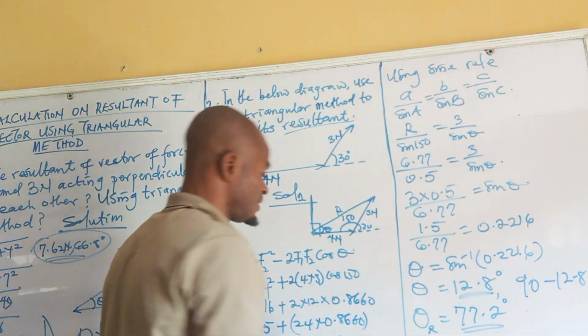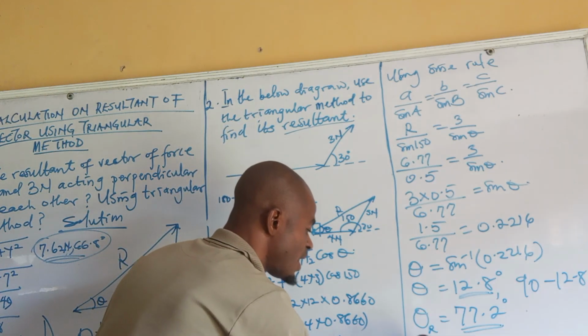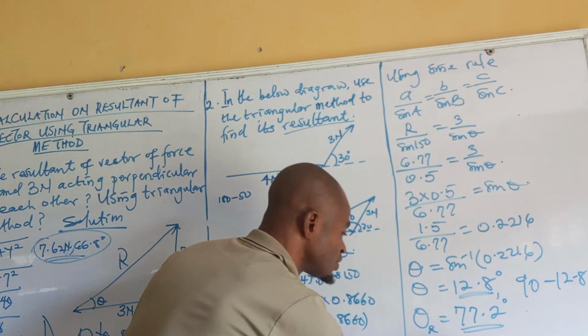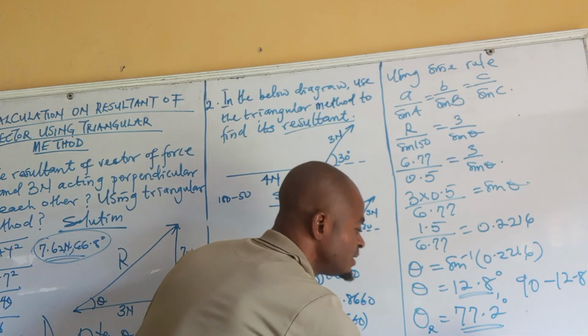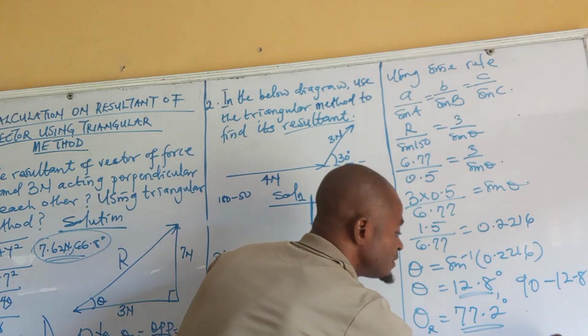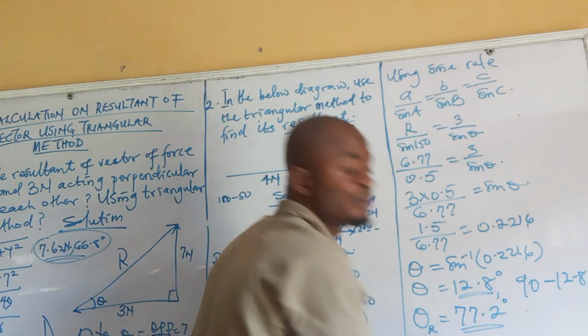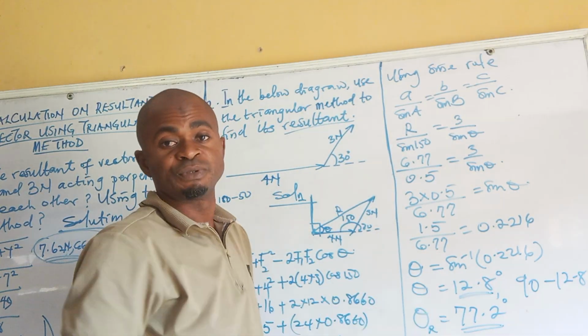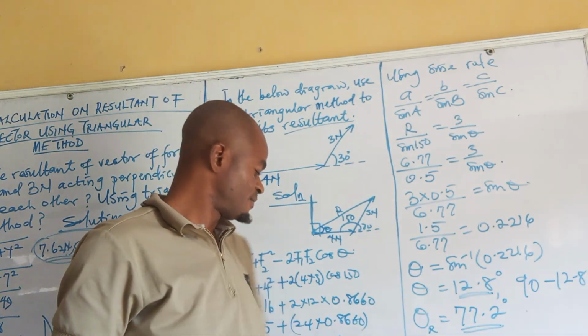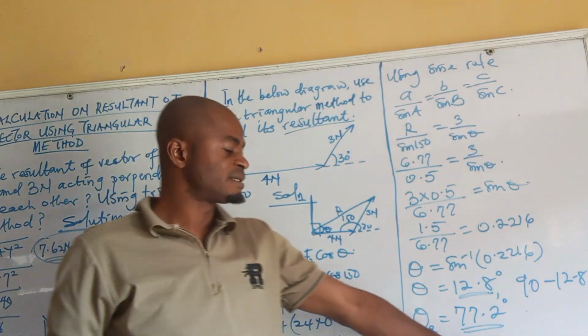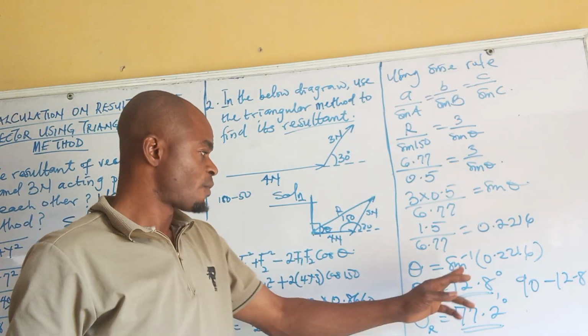The final answer is the resultant equal to 6.77 Newton, 77.2 degree. This one is 6.77, and this is 77.2.